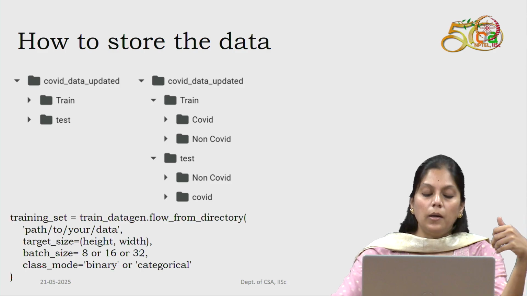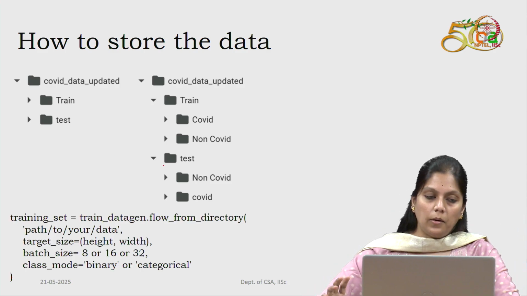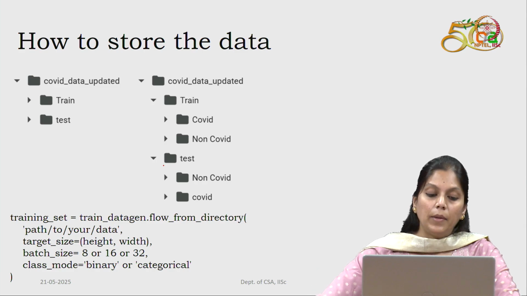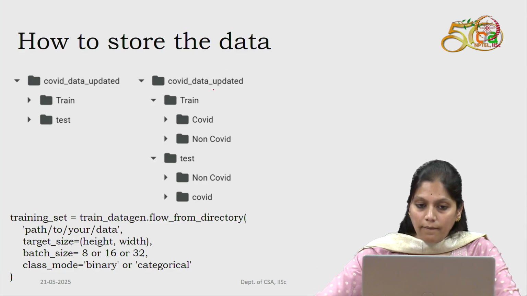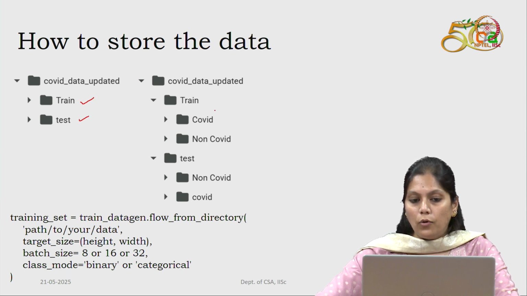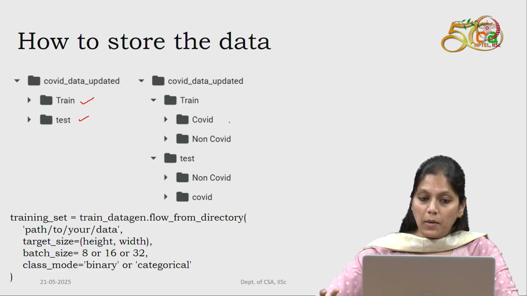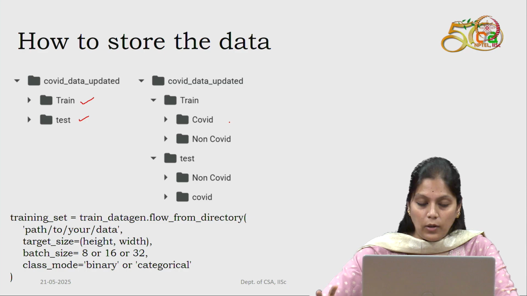Then you pass this to your model. Now how do you write code to read the data? Since we are dealing with folders, we have a train folder, a test folder, and under the train folder we have subfolders. We have saved images in the form of folders.